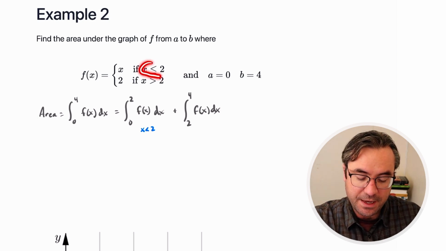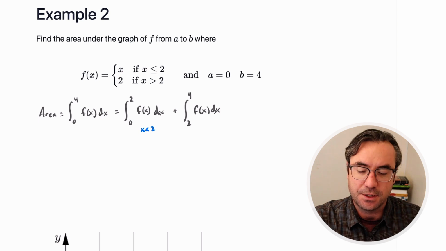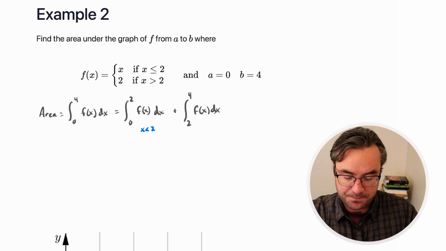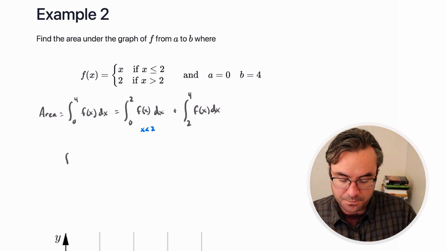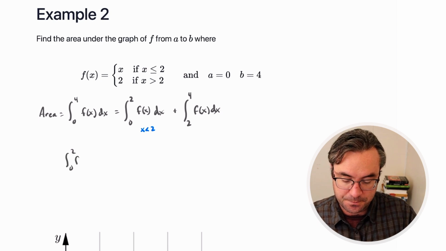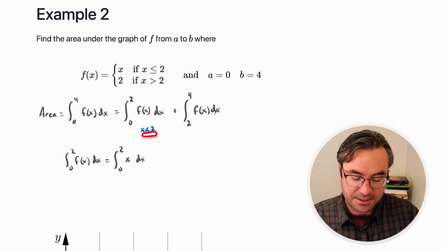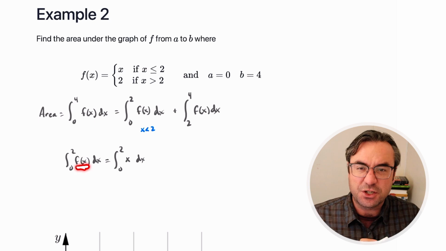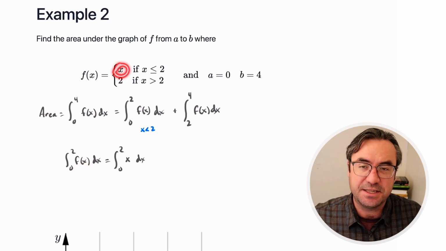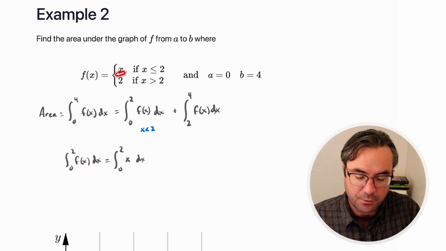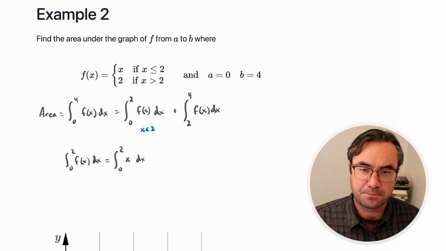Well, we look for the x less than 2 piece, and we see that right here. So that first integral from 0 to 2, we can now replace the formula with x. We know that when x is less than 2, f of x is that first piece, so we can replace it with the formula.